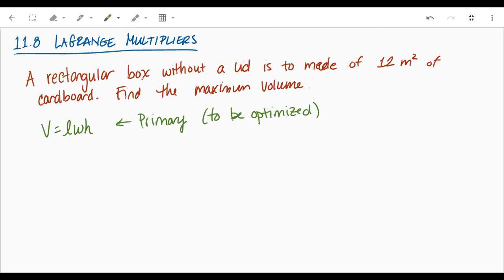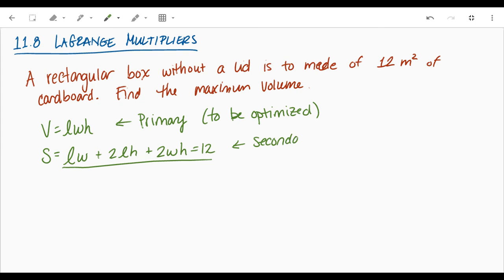And then your secondary equation gave you a little bit more information, so we have that 12 meters squared for our surface area, which would be, there's no top, so just length times width plus 2 length times height plus 2 width times height. And that had to equal 12. Okay, so that was your secondary equation. And remember, that gave you that extra information.